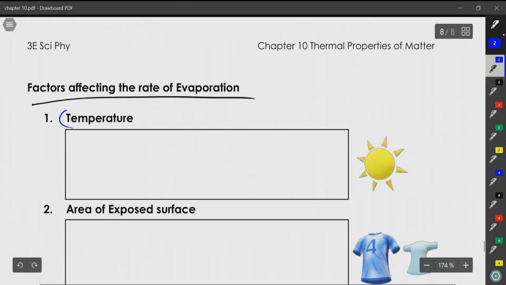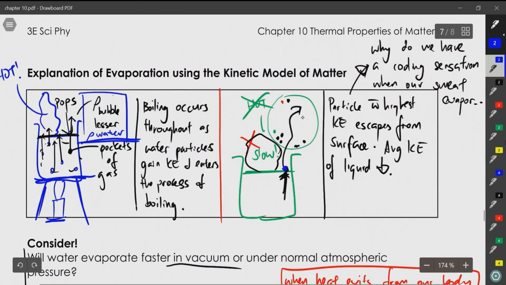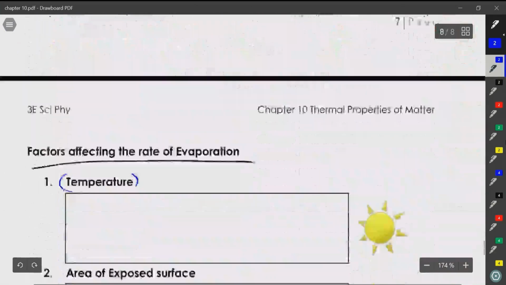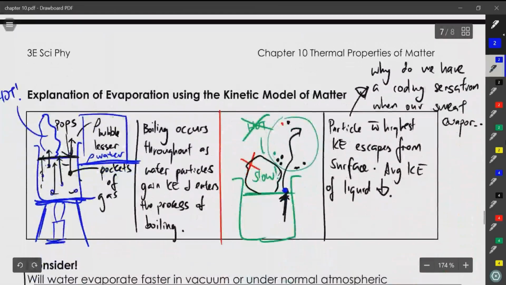So first thing, temperature. Of course, temperature affects the rate of evaporation, because we remember evaporation is when the highest KE particle actually goes away from the surface. So if the temperature increases, naturally your average KE of particles will increase, and when the average KE of particles increases, you have more particles of higher KE residing at the surface.